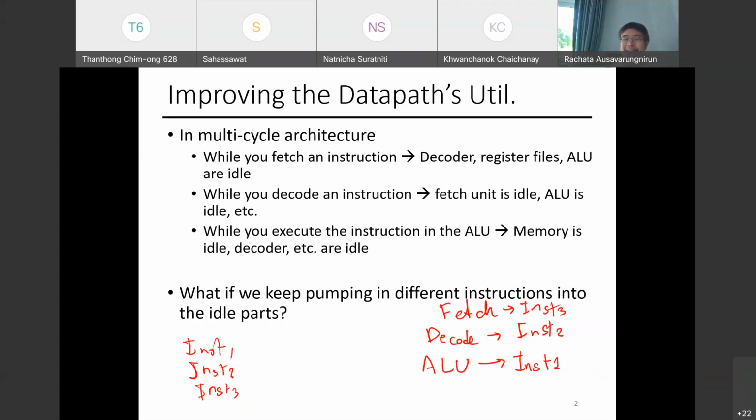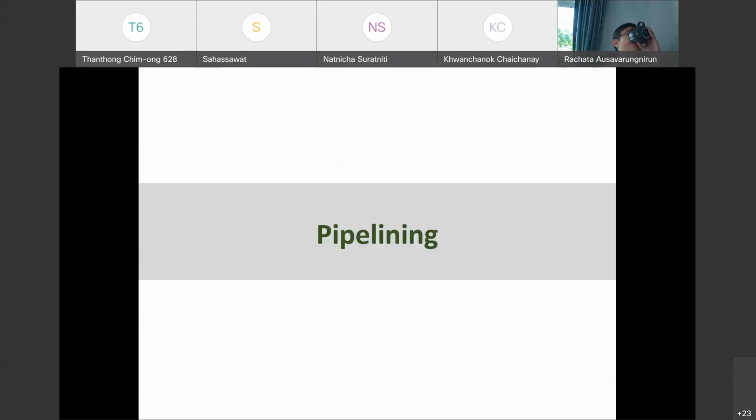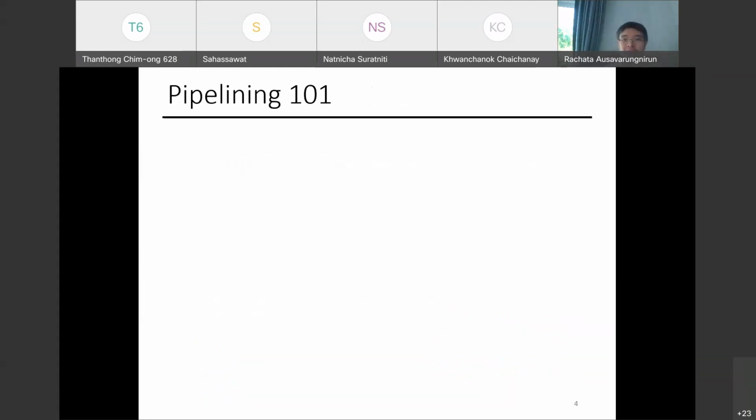So you can process this series of instructions while, at the same time, each component is doing something useful. And hopefully every single component is busy doing something. Basically, that's the concept of pipelining.